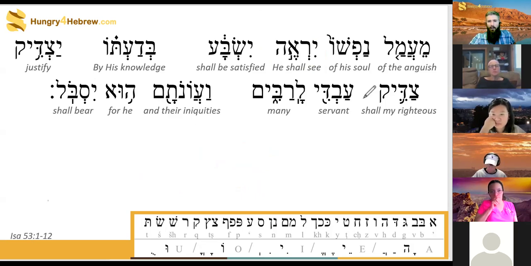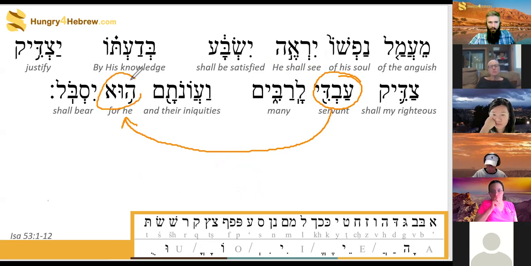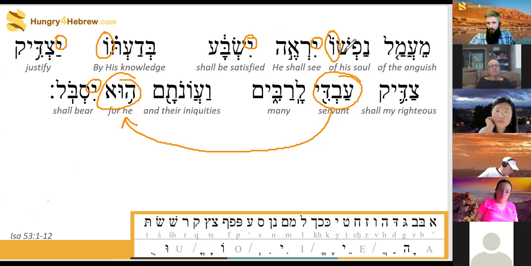I would say servant is most definitely referring to this, and therefore this, but I can't be 100% certain that the servant is also being referred to in each and every one of these references. Maybe it's Yod He Vav He who is seeing and being satisfied by his, that is the servant's, anguish of soul.